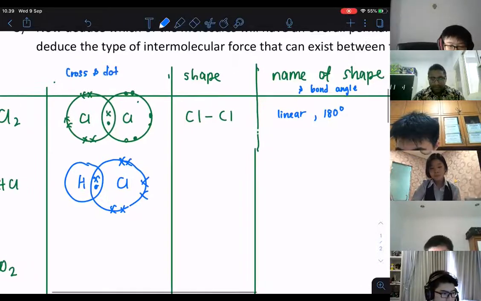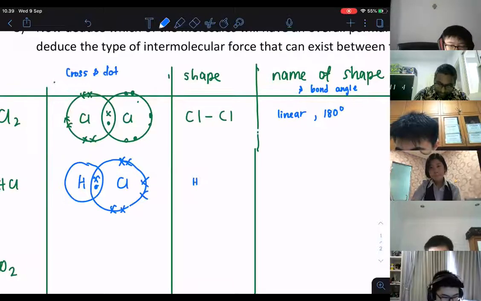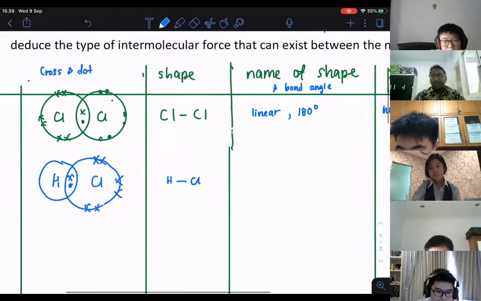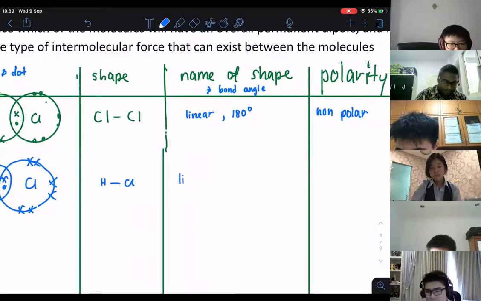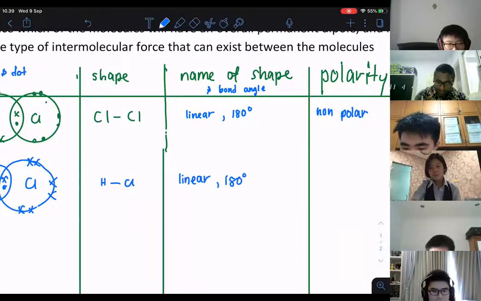And then let's have a look at the shape. Generally it's supposed to be something like this when I draw the shape. So the name of the shape, again, you can see is linear. There's no lone pair, therefore it's going to be 180 degrees.